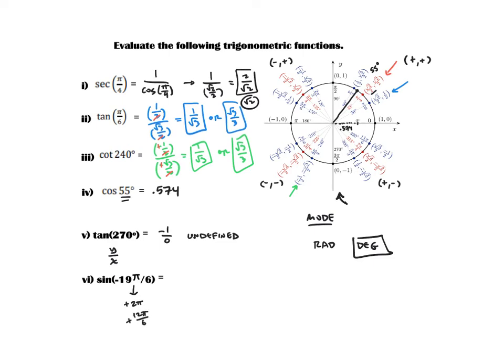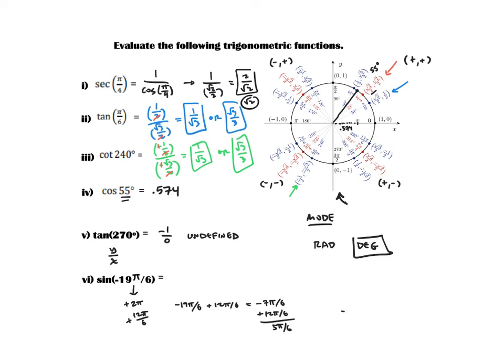If I add negative 19 pi over 6 plus 12 pi over 6, I get negative 7 pi over 6. Now I'm going to add another 12 pi over 6 to that. That's going to give me 5 pi over 6.